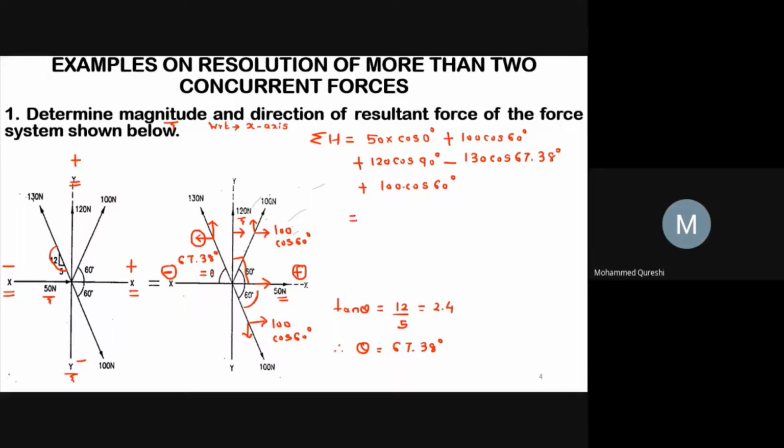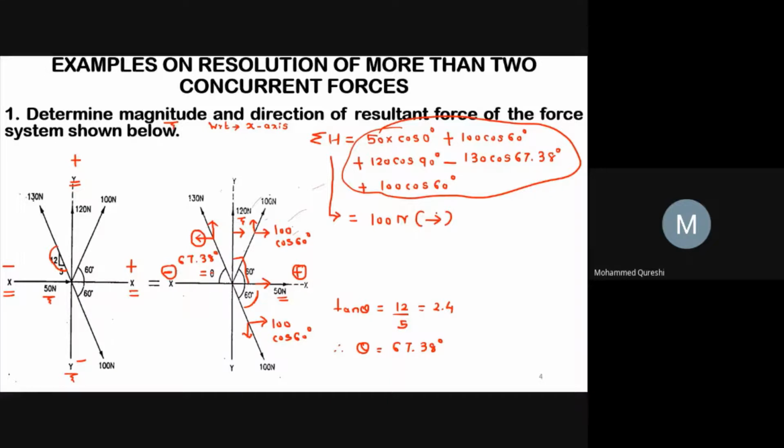By solving this whole component, you will get sigma h equals to 100 Newton. Here 100 is positive, hence your direction will be towards plus axis.